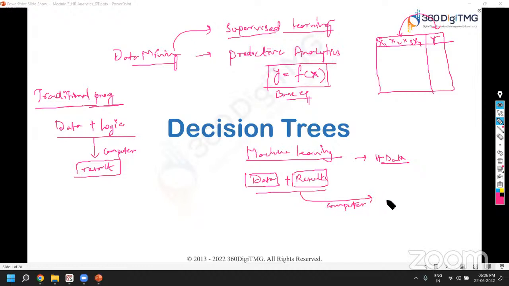The expectation is that the computer should help us to identify the logic which is basically defining the relationship between output and input. So the computer is to figure out this logic, and this is expressed in a mathematical function form, that is this equation.